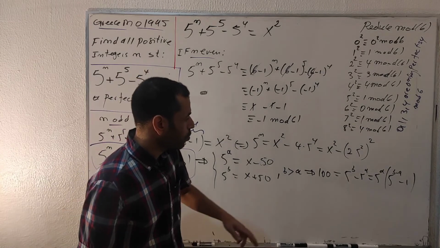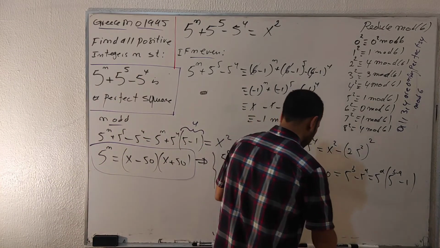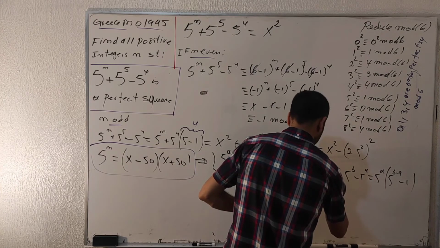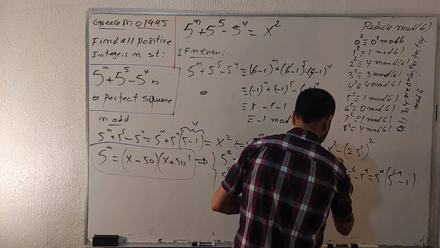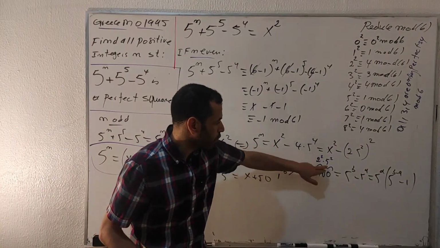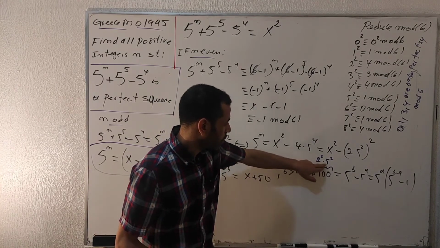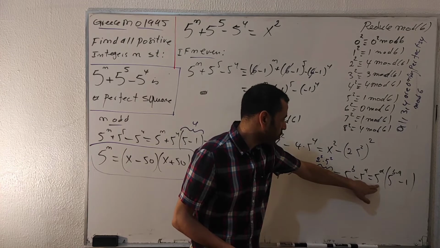Okay, I'm going to write this 100 in the form of 2 squared multiplied by 5 squared, like this, because this one becomes 4 multiplied by 25, which is 100. So I have 5 is odd.